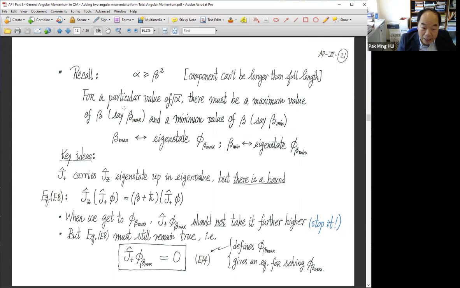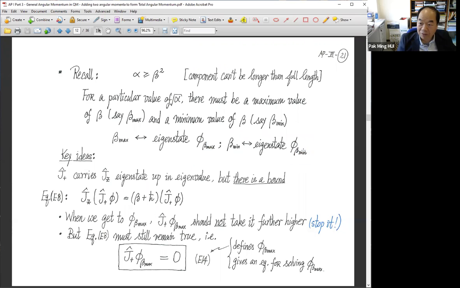And accompanying this beta maximum eigenvalue of Jz, we call that particular state phi beta maximum. This is an eigenstate of Jz that carries the maximum Z component. Similarly, this is the eigenstate that carries the minimum Z component eigenvalue.